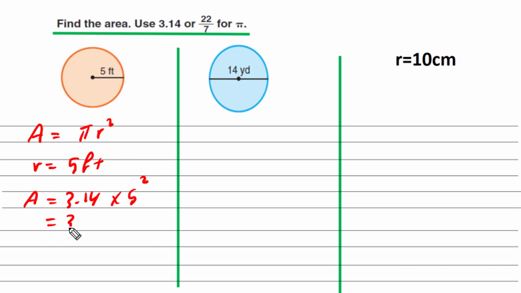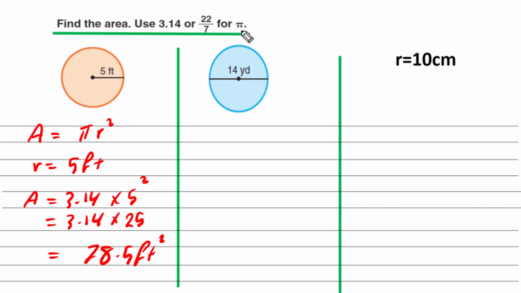So we get 3.14 times 25. Just multiply 314 by 25, then insert the decimal point after 2 digits from the right, as we studied before. We get area equals 78.5 square feet. It's easy to multiply.